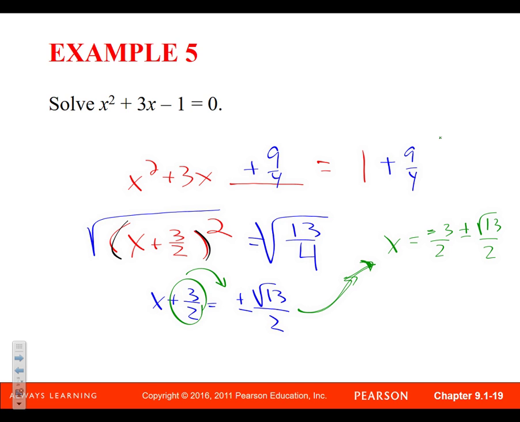That's why it became a negative 3 halves. Now, if you want to break it up into 2 different solutions, you're more than welcome to. I see that they have the same denominator, so I'm just going to call this x is equal to negative 3 plus or minus square root of 13 all over 2.